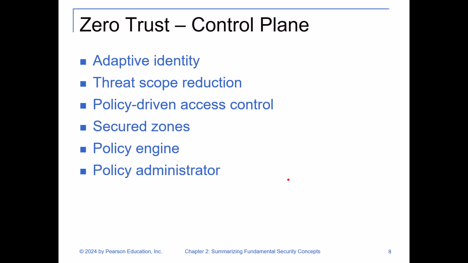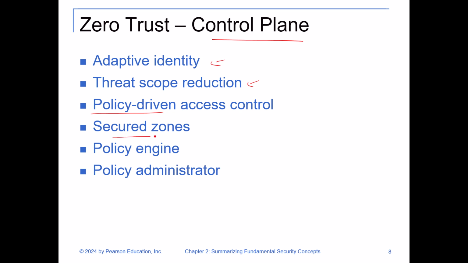So we have a few different planes that we have to review for zero trust. Our control plane is adaptive identity. It helps us reduce our threat. It is more policy-driven access control. Once you authenticate, then we have to see what you're authorized to do. So these are more policy-driven.